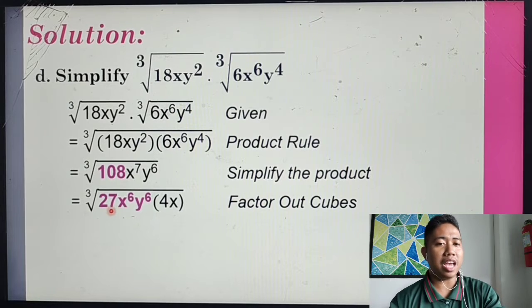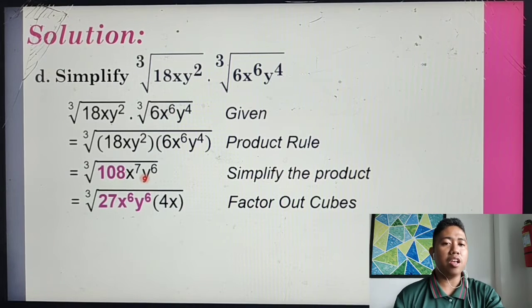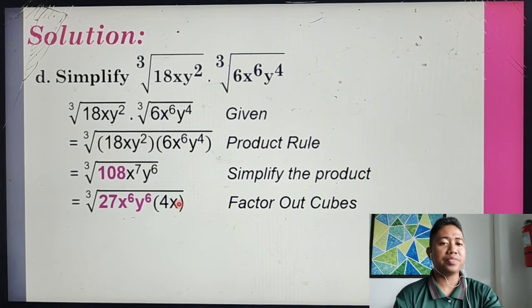And we have to factor out x to the 7th power, which has at least a perfect cube with an exponent. So the exponent should be considered, it has to be a multiple of 3. The exponent like 3, 6, 9, 12, 15, 18, and all multiples of 3. So we factor out, it becomes x to the 6th power. So it has a perfect cube. And the remaining x has an exponent of 1.